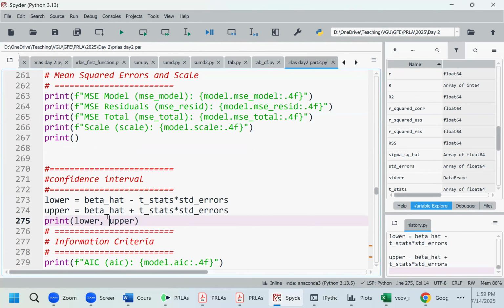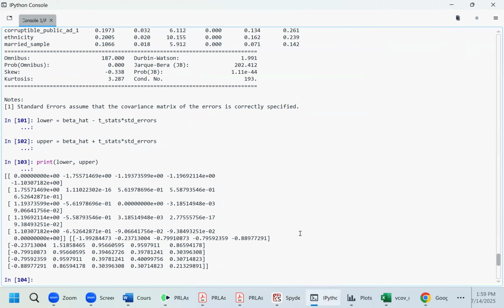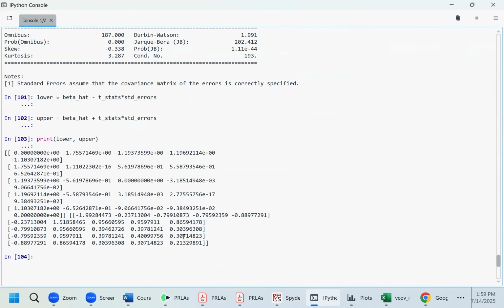So let's see if they will give you the right answer. See, it's not working. So if you want 2 rows, you have to turn it into a data frame. Okay.